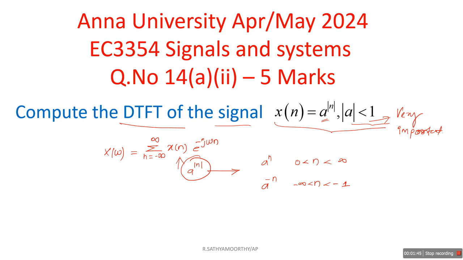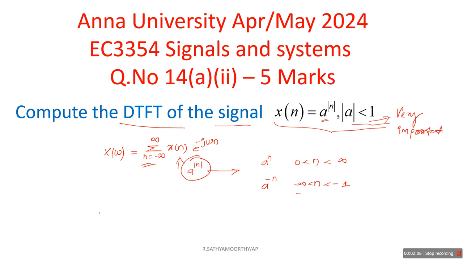The range of n is minus infinity to plus infinity, and since this is mod of n, it includes all the positive and negative values of n. If we take negative values of n, the limit varies from minus infinity to minus 1, and if we take positive values of n, the limit varies from 0 to infinity.